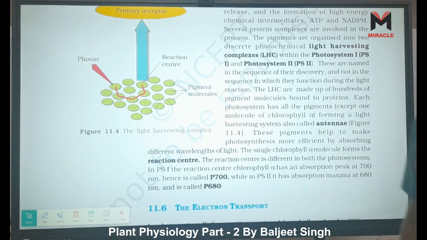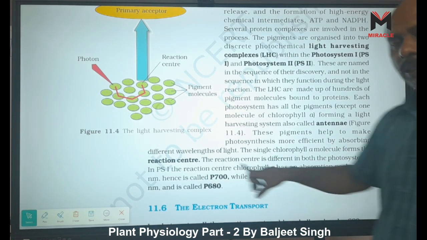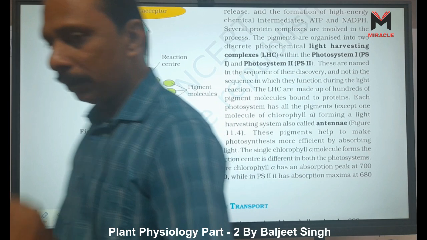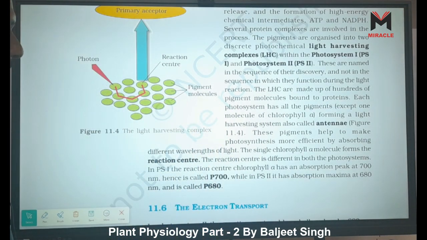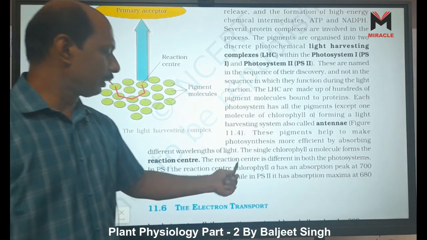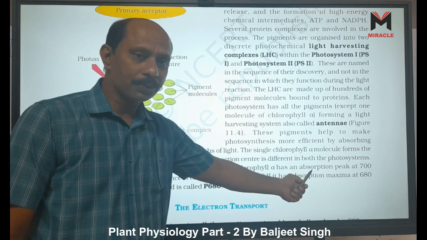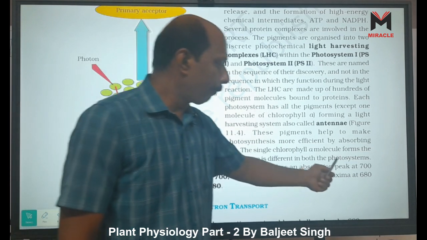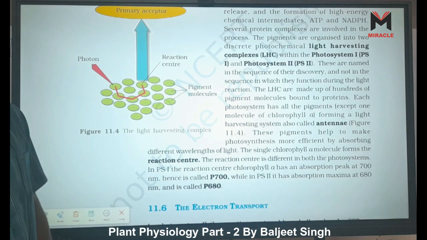which forms the reaction center, from where the electron is released. The reaction center is different in both photosystems, right? It is different because both have different capacities. Why is it called different? Because in PS first, the reaction center chlorophyll A has an absorption peak at 700 nanometer.